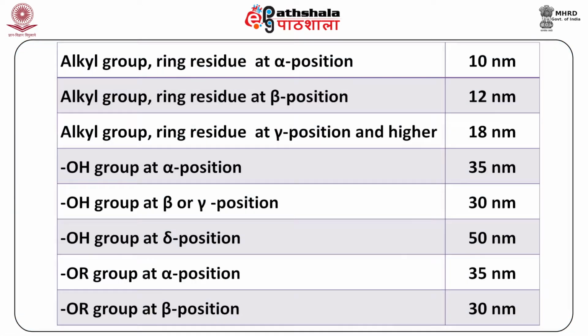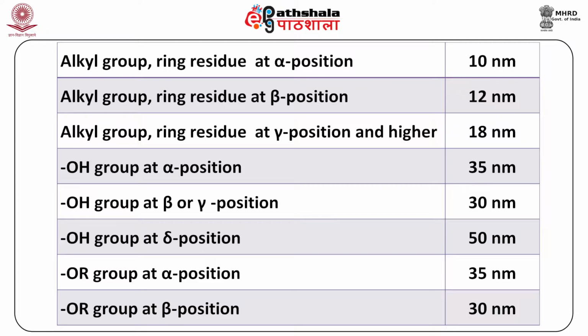Now, for an alkyl group or ring residue at the alpha position of the alpha beta unsaturated carbonyl system, the increment is of the order of 10 nanometers. If this group is present at the beta position, the increment is of the order of 12 nanometers, and if it is present at the gamma position or higher, the increment is of the order of 18 nanometers.